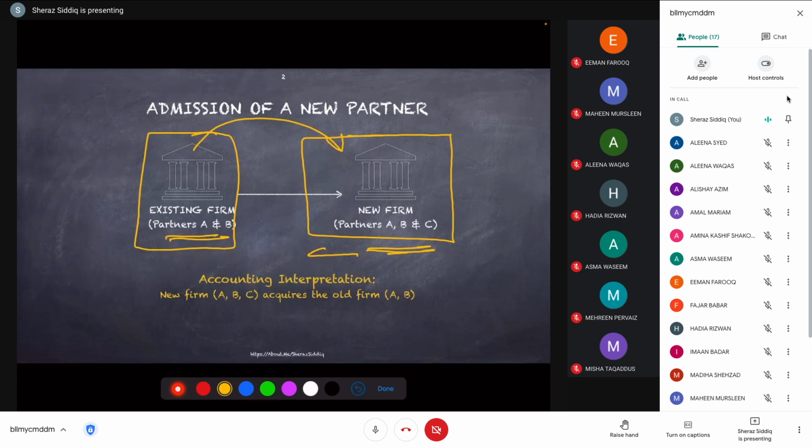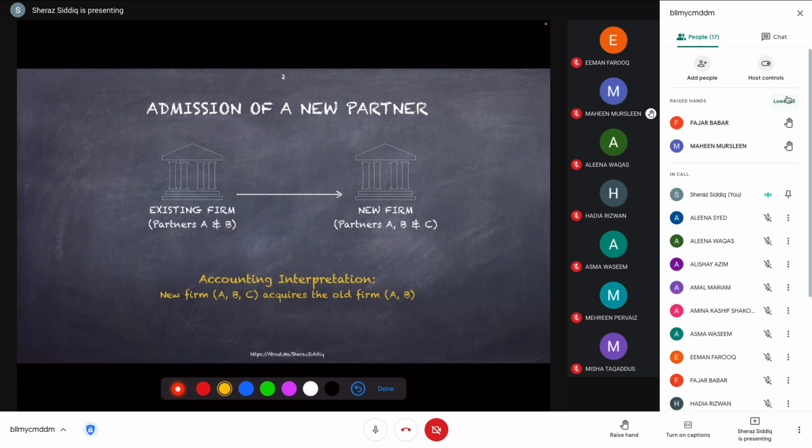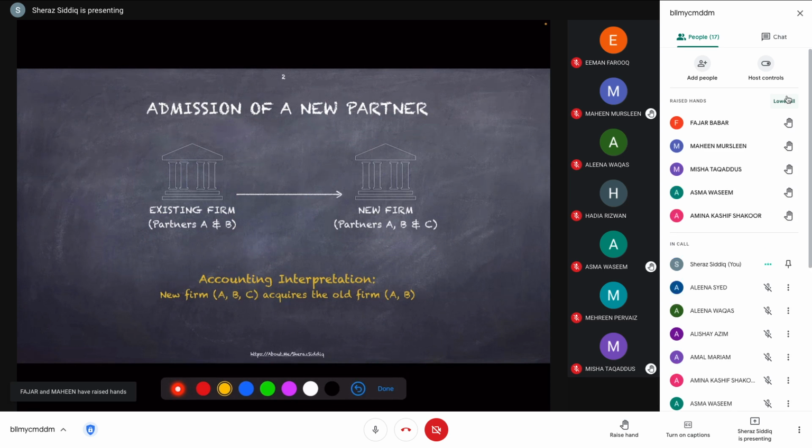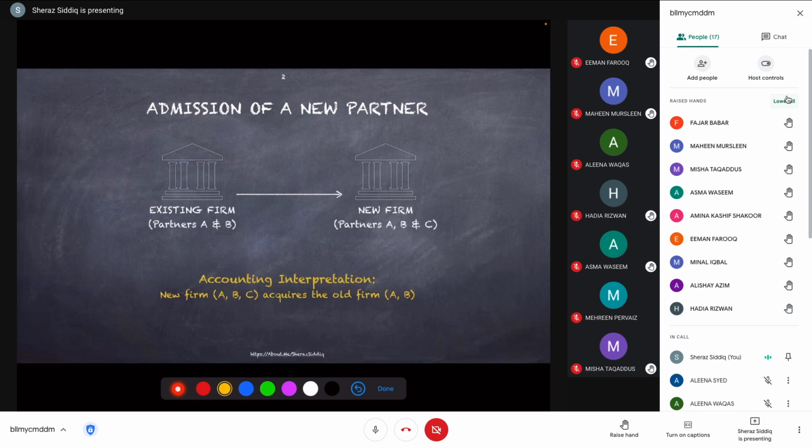Raise your hand if you understand this interpretation, that since the new business entity is going to enjoy the going concern status of the old firm readily without making any effort, without taking any risks, the new firm's owners are literally buying a business. We will look at it as if this business is being purchased. So the new firm's owners are going to pay for the goodwill to the old firm, right?